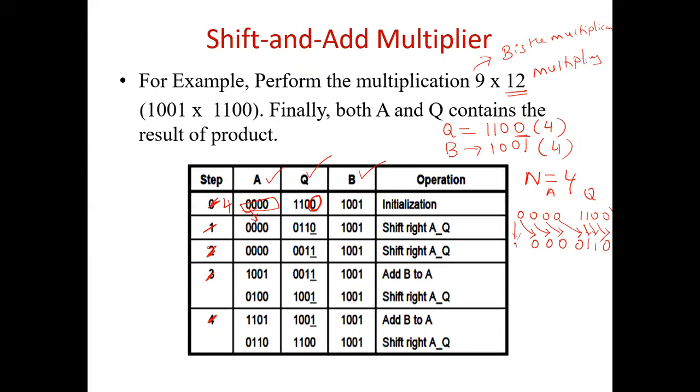Here one empty box will be created and I will put 0, because it is a positive number. That is the shift operation I am performing.